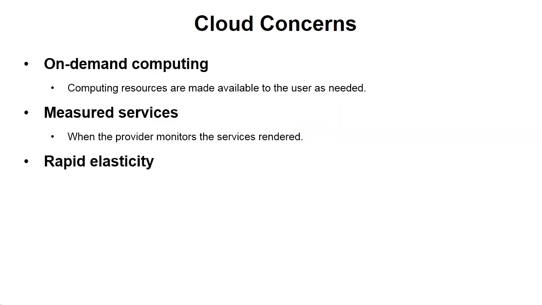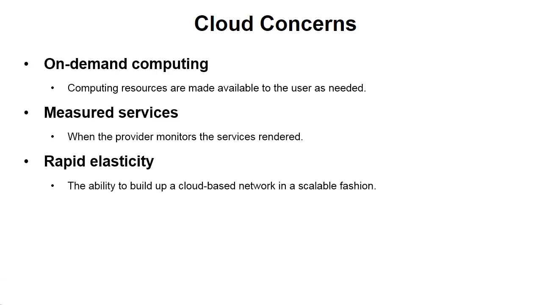Next is rapid elasticity. And this is the ability to build up your cloud-based network in a scalable fashion. When you choose a provider, you want to make sure that the provider has a scalable model, because if your company is going to grow, then your access to the cloud must grow with it.